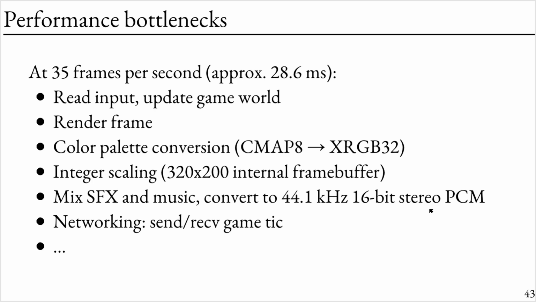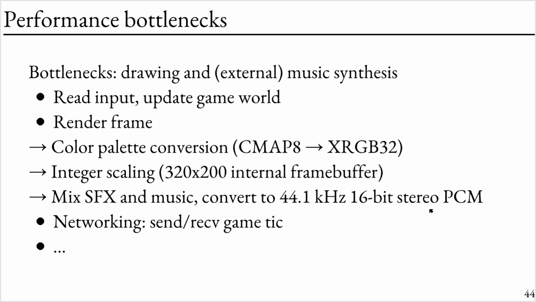It also has to mix sound effects and music and do sample rate conversion to the dev audio format. And it has to send and receive stuff on the network.